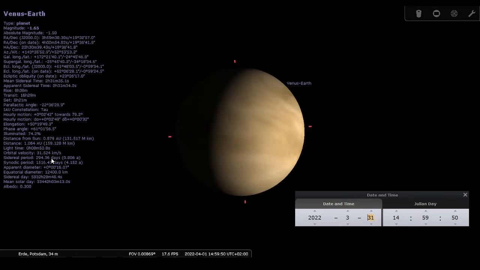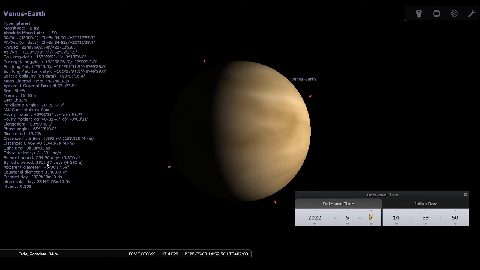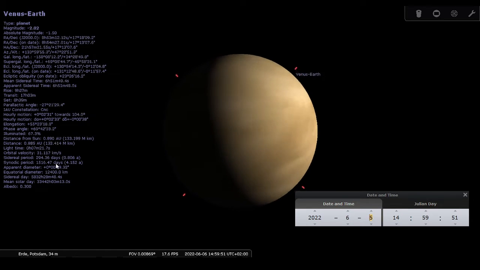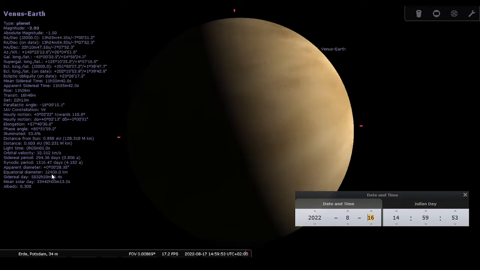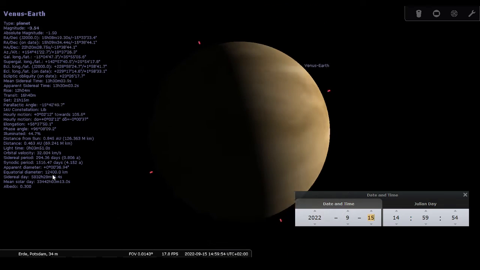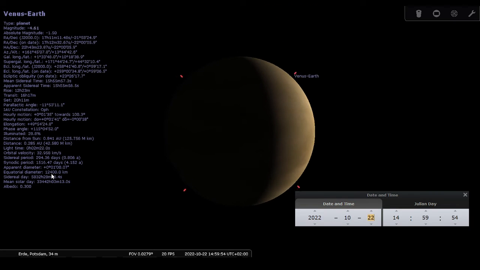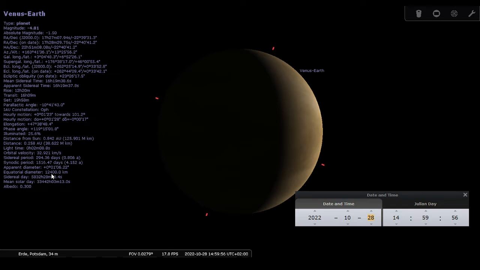And the radius here is to be found here, 12,400 kilometers. It's a value in between Earth radius and Venus radius, and also applies to the diameter, which is shown here. The diameter of Venus is about 12,100 kilometers, and the Earth diameter is about 12,700 kilometers.